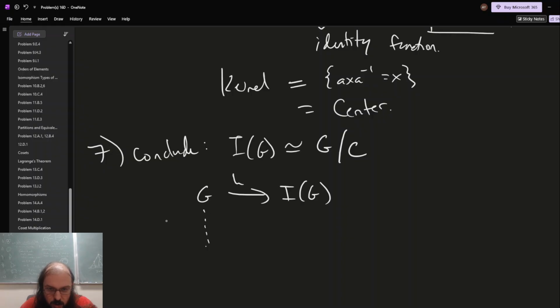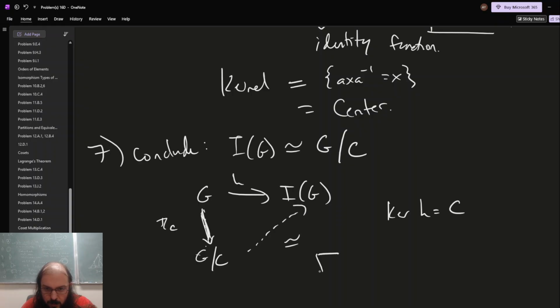That is H. The projection to G mod C is the natural map, and the kernel of H is equal to C by our calculation. Sorry, this should be a solid line. So here is the isomorphism that's claimed by the fundamental homomorphism theorem.